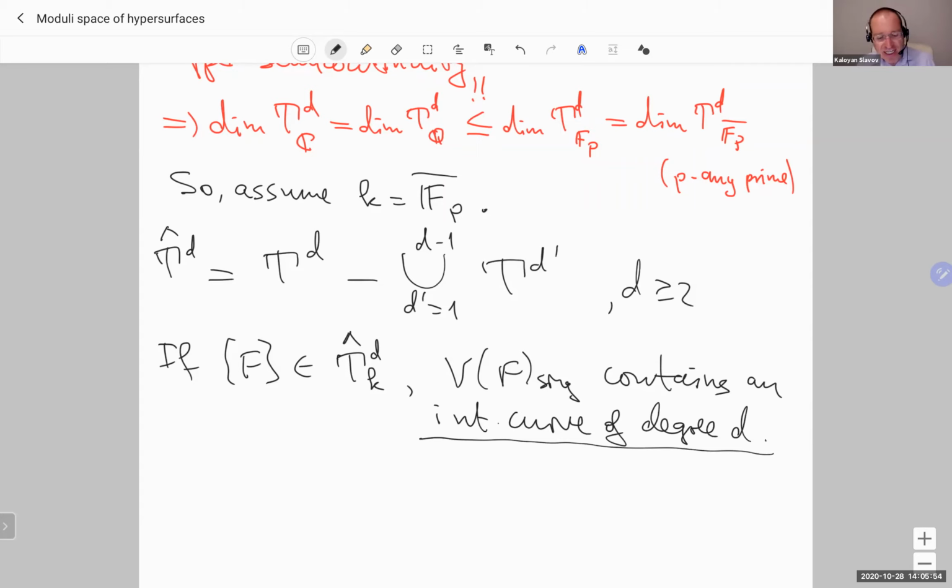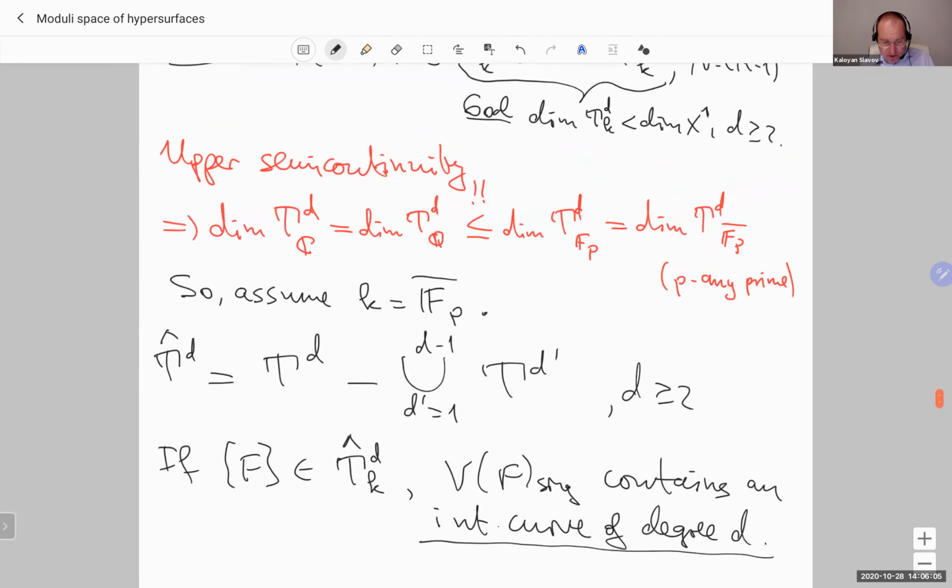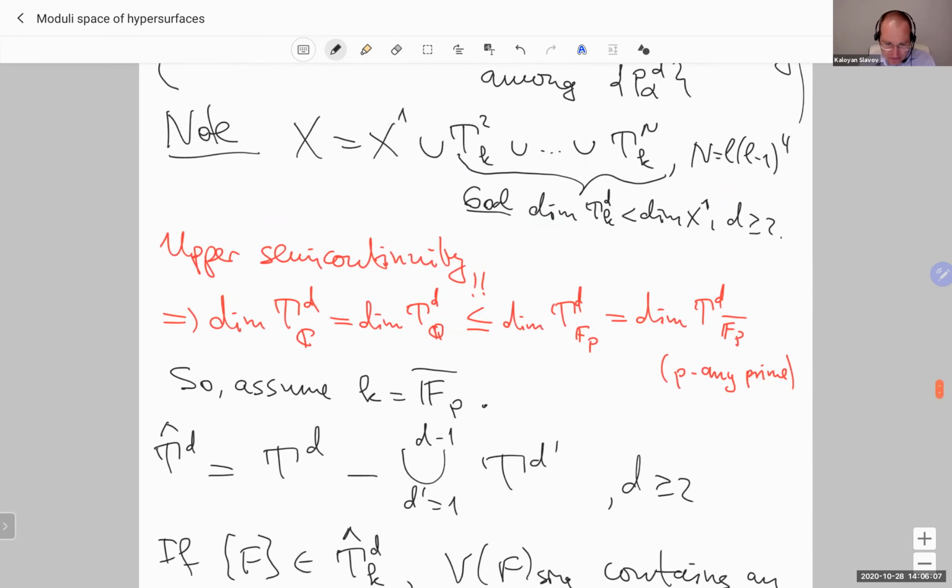That's why we take the check. Otherwise, for something in TD, the singular locus may be a line with a very complicated scheme structure. But here we know it contains an integral curve of degree D. And remember, our goal is to give an upper bound on the dimension of TD.